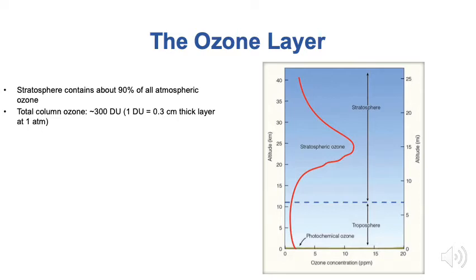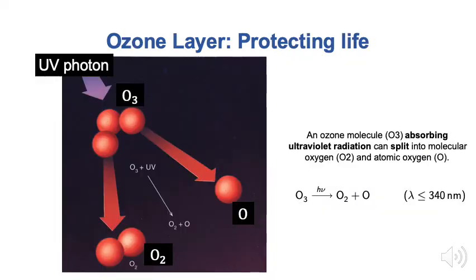So it's an ideal gas of pure ozone. On average on Earth, we have about 300 Dobson units of ozone in the column. And again, 90% of that is in the stratosphere. And the maximum concentration of ozone, so O3, I haven't said that yet, is about 12 parts per million at 25 kilometers. And that's on average over the course of the year and over all of the Earth.